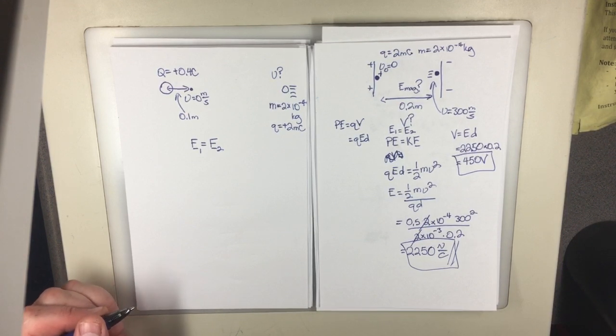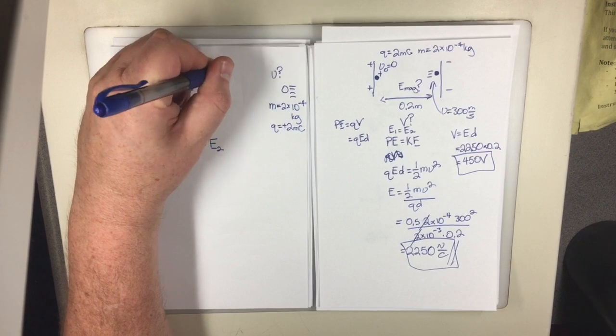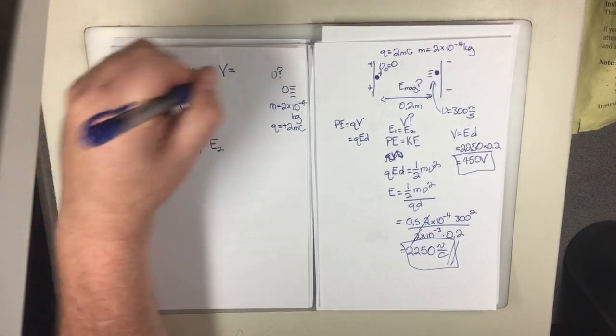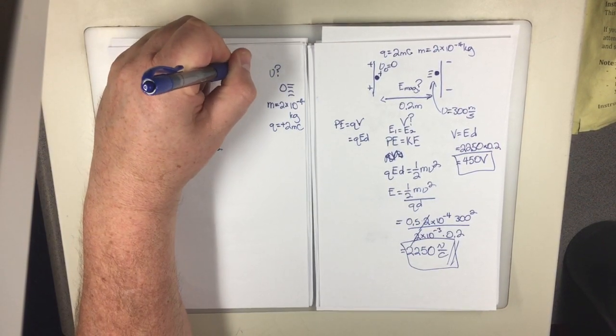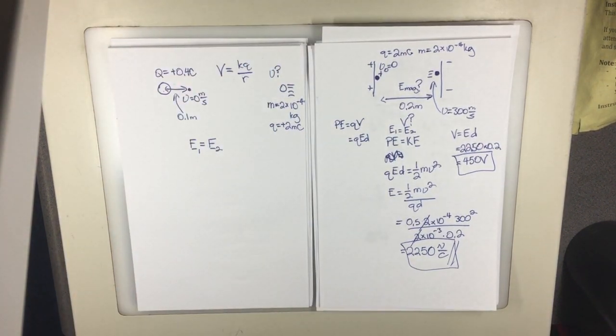The initial energy is all kinetic. This thing is moving. There's no potential, because potential for that charge is KQ over R at a very far distance, and when I say R is very far away, that just assumes that R is darn near infinite.